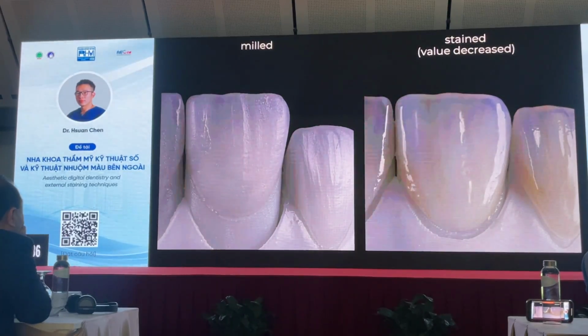The color becomes more saturated, so the chroma goes up. The value becomes darker, so the value goes down. It always happens this way. When you go from a mill block to a stained block, the value goes down, it becomes darker, and the chroma goes up. So, what does that mean?